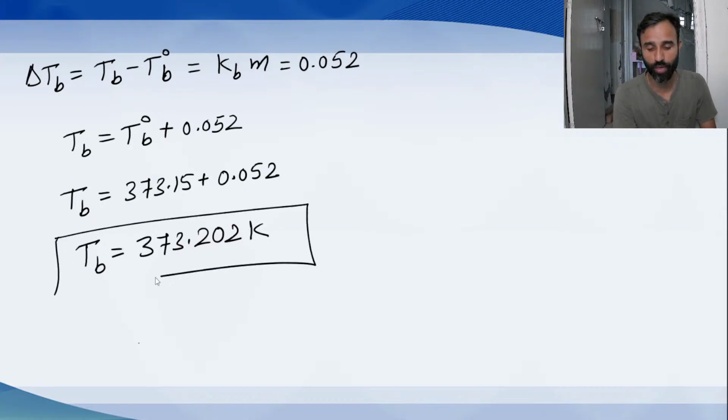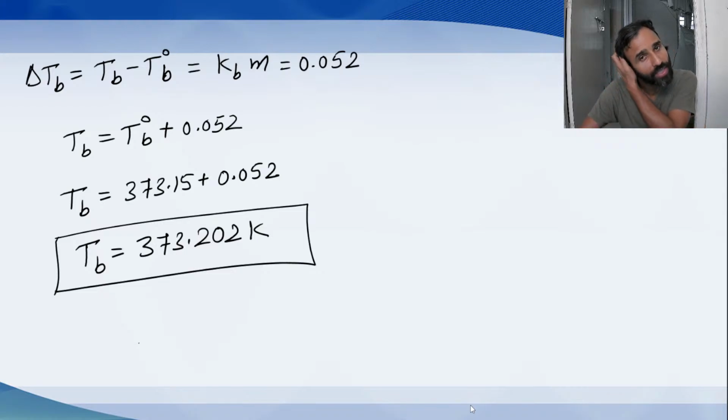This is boiling point of the water, and this is the temperature at which water will boil when this 18 gram of glucose is added to 1 kg of water at 1.013 bar. Okay, 373.202 Kelvin.